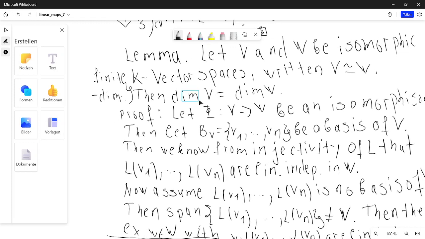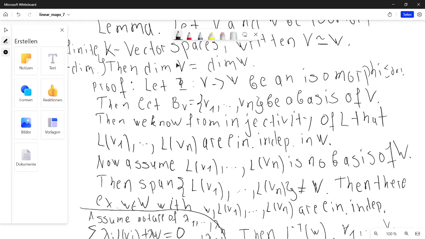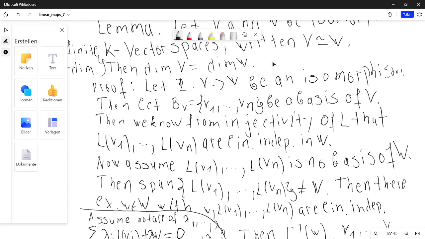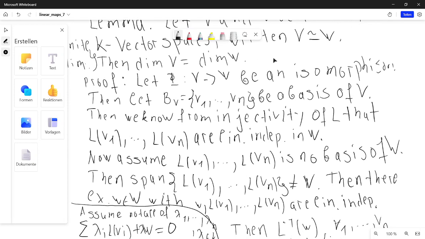Then we wanted to show that under this condition, the dimension of V is already equal to dimension of W. For that, it suffices to just give two bases, one of V, one of W, such that we have equal number of elements, because the number of elements in a basis of a finite dimensional K vector space is exactly the dimension of this space, right?